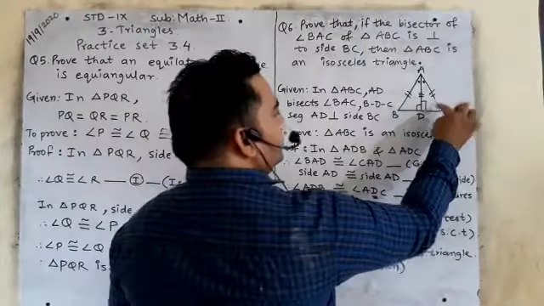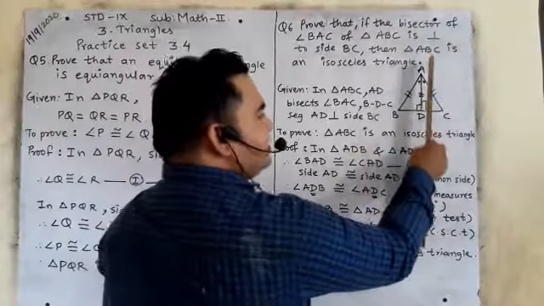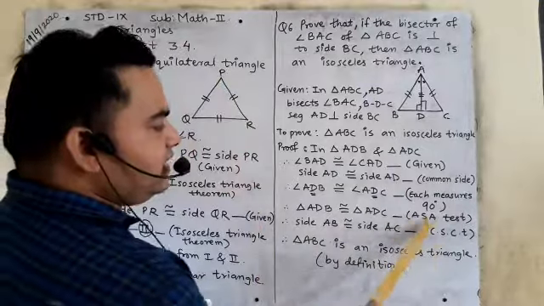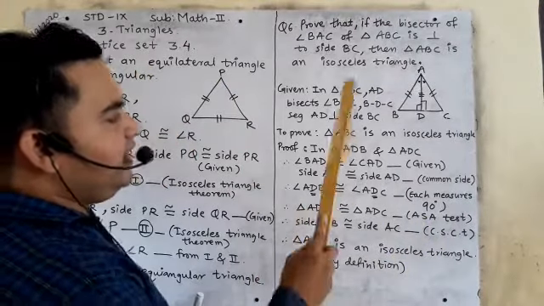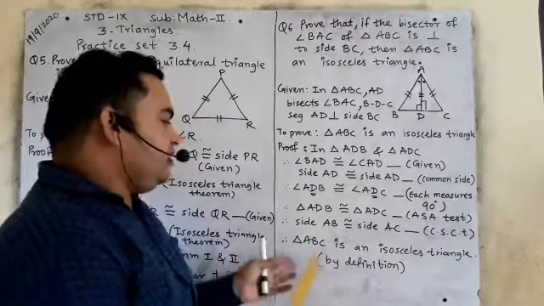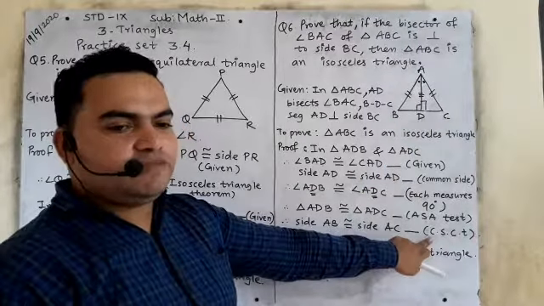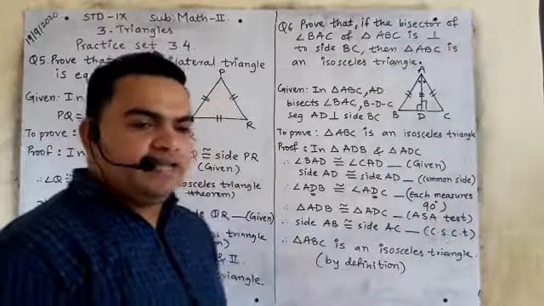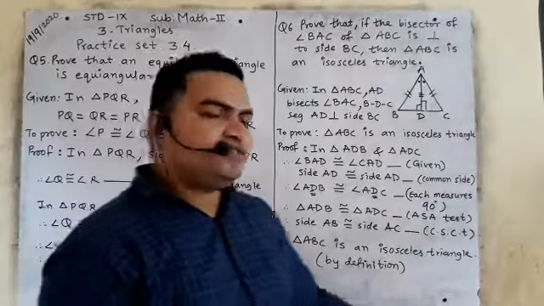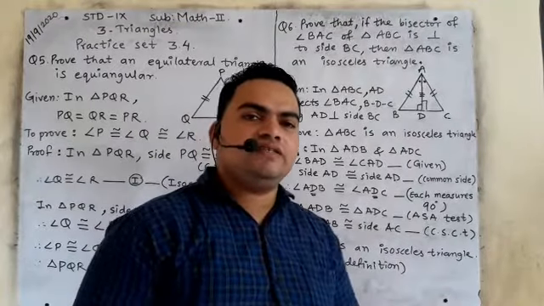These two triangles are congruent. Side AD is common and angle D is also common in both the triangles. Therefore, by the angle, side, angle test, triangle ADB and triangle ADC are congruent to each other, and we can say side AB is also congruent to side AC because corresponding sides of congruent triangles are congruent to each other. Therefore, triangle ABC is an isosceles triangle by its definition. I hope you understood. Thank you so much. Have a nice day.